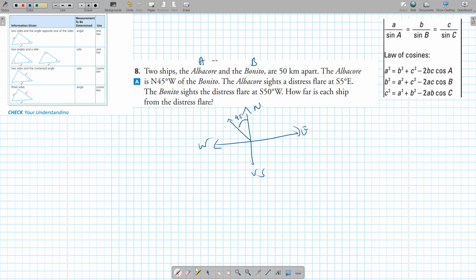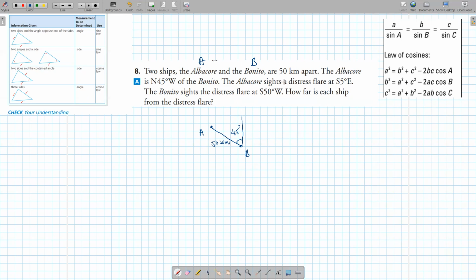You see that? So what that means for us is that here's our ship B, and the other ship is in this direction, and this is 45 degrees. And here's our ship A, and the distance between them was given, that's 50 kilometers. Cool?